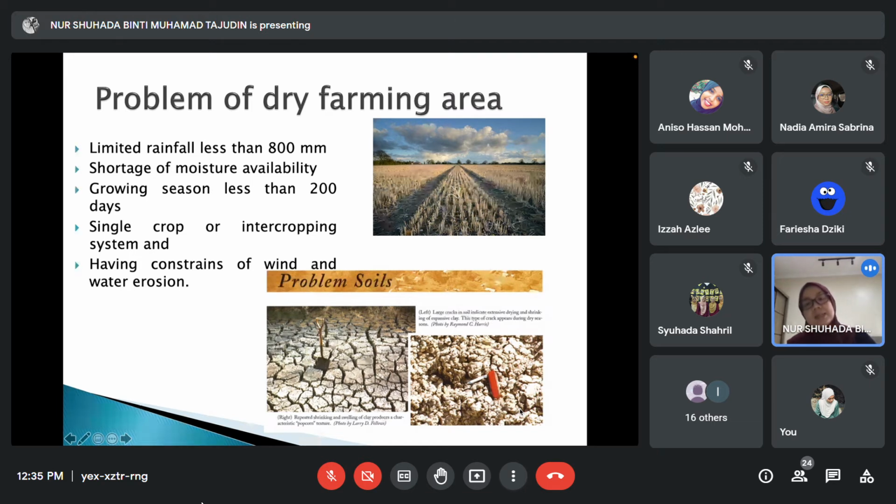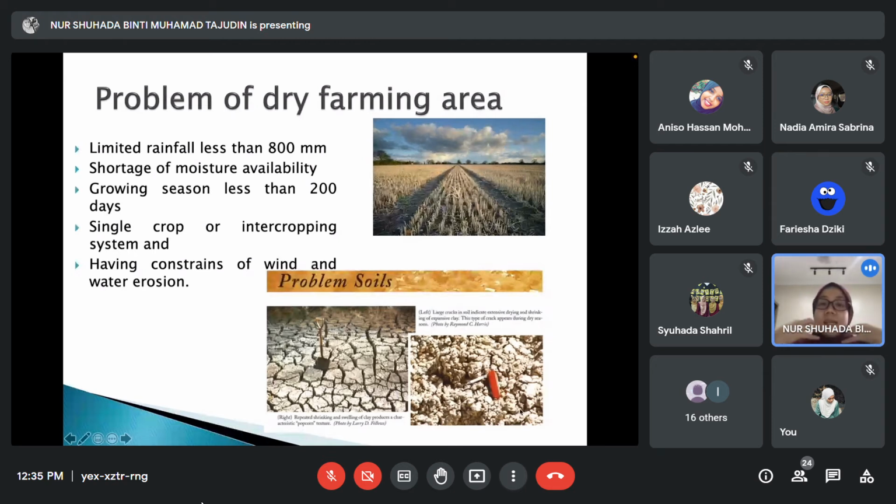It is a bit different from the water in Malaysia, the weather in Malaysia and the soil in Malaysia. That is because the main agent, which is the water, is not there. So areas like the Arab region are a bit different. So the problem with the dry region is that the water is limited.